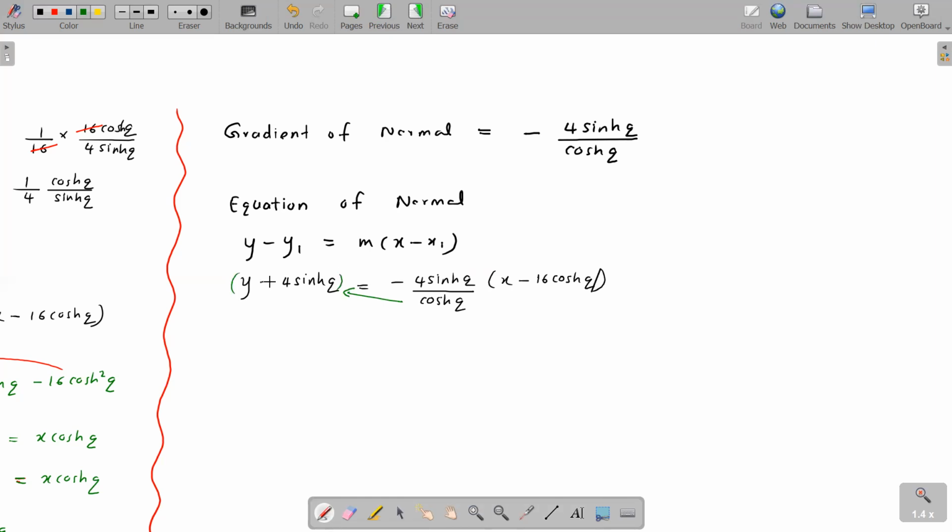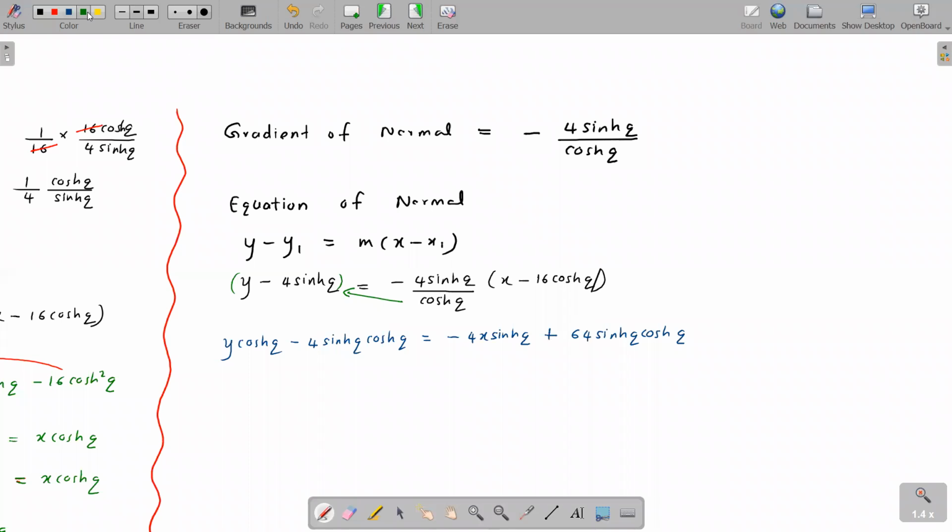It goes as a multiplication. y cos q minus 4 sine q cos q is equal to minus 4x sine q plus 4 times 16, which is 64 sine q cos q.